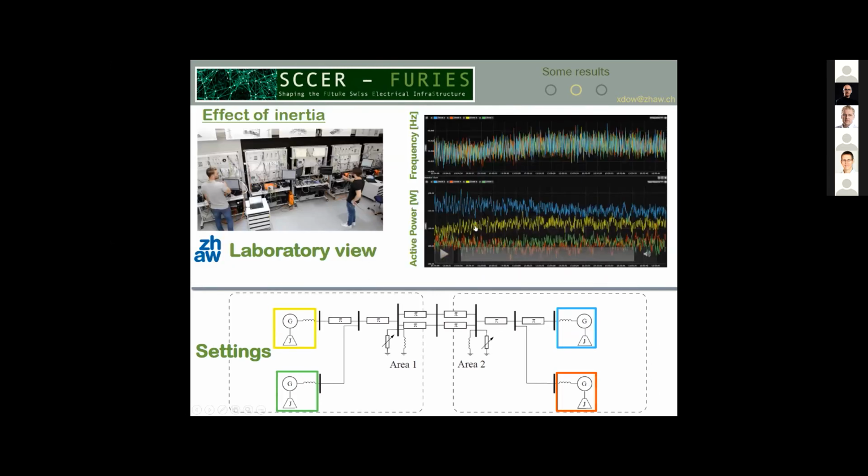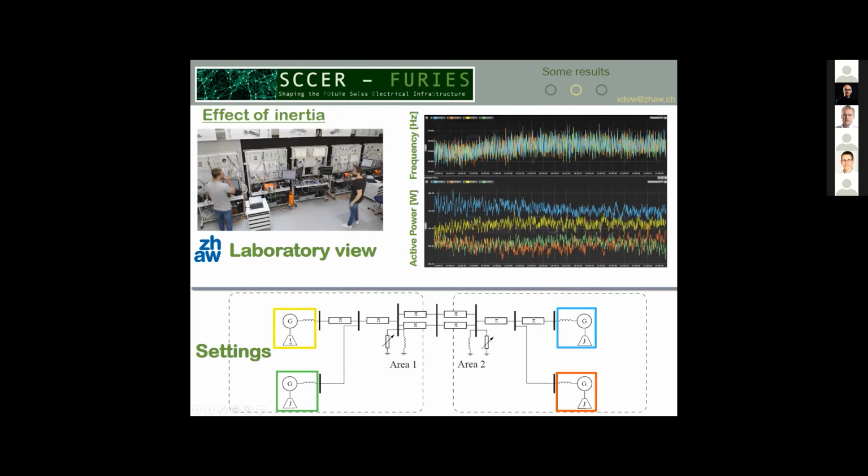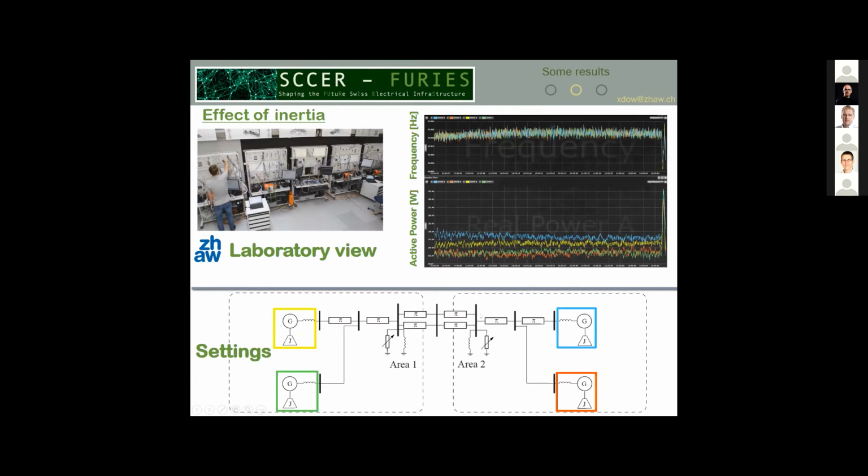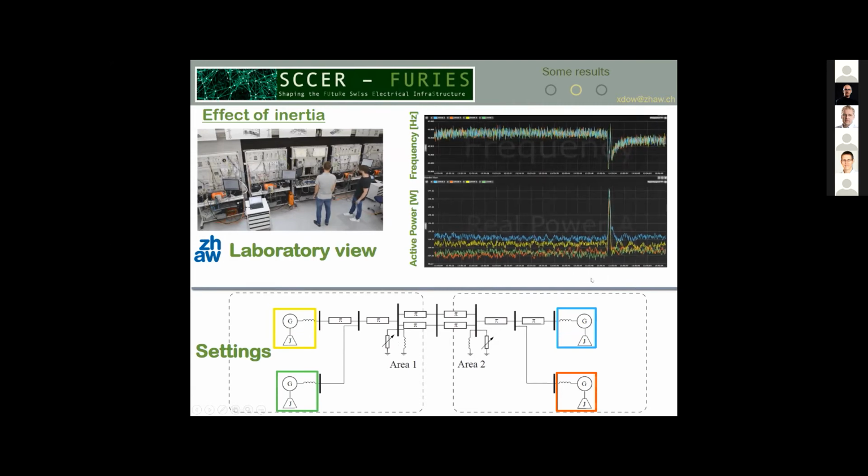So exactly the same test, but with inertia. So we added inertia in all the generators. Maybe something that I completely forgot to say is that all the colors in the PMU measurement correspond to the colors in the setting, of course. So what we can see with the first load impact is that we already have a small inter-area oscillation.